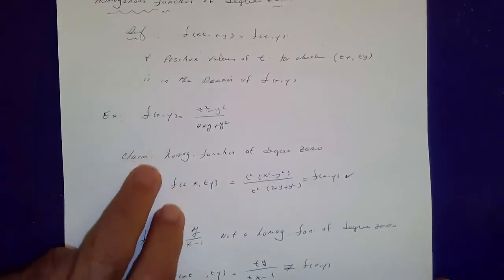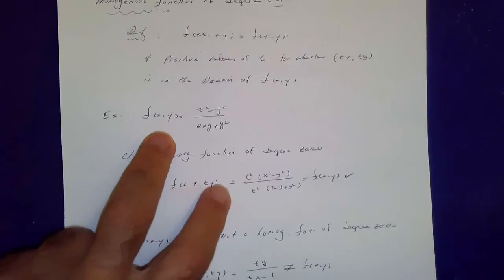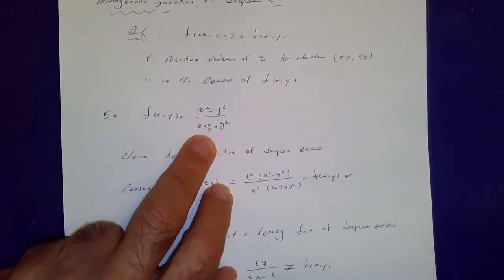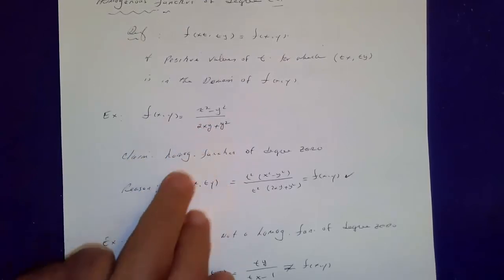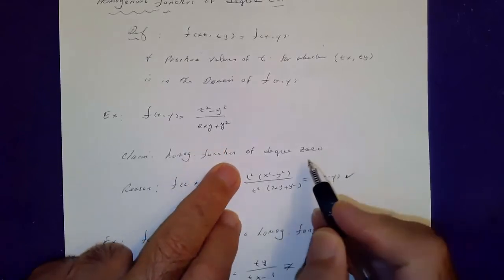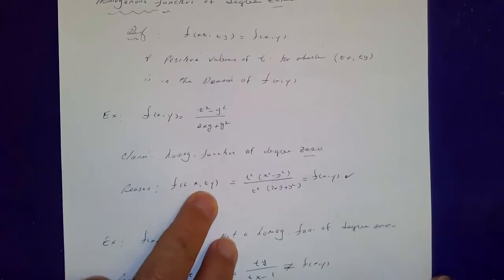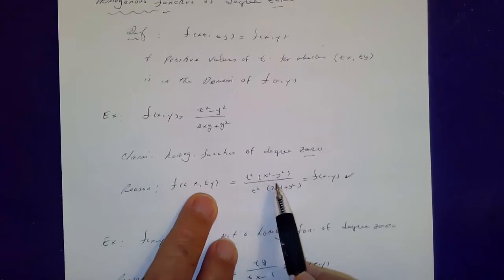In this particular case, let's say we have an example, f(x, y) equals (x squared minus y squared) over (2xy plus y squared). The claim is this is a homogeneous function of degree 0. How do I do that? Replace the x's with tx, replace the y's with ty.